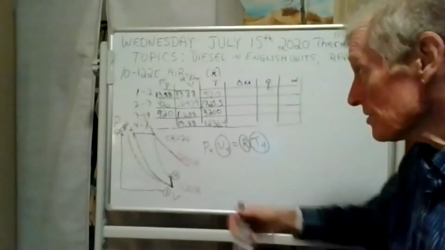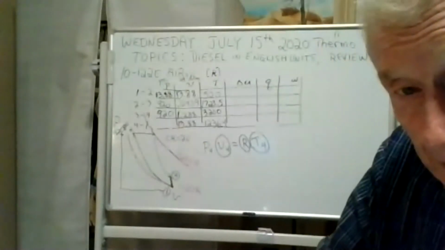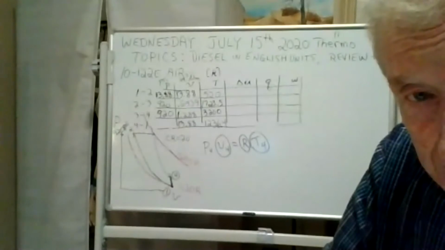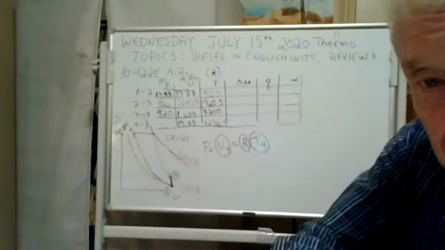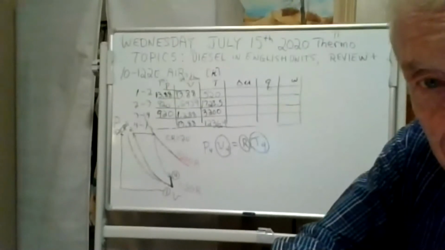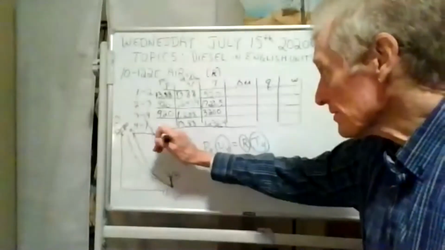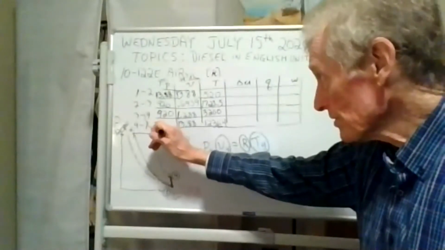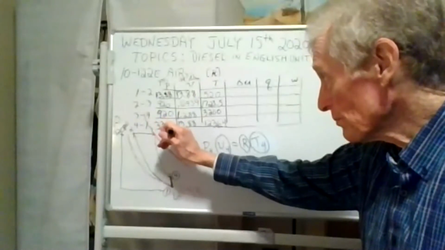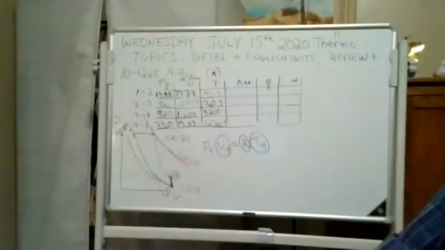Hey, I got an answer. I got an answer for the pressure at state 4. Pick on Cameron. Cameron! I got you? 32.99. That's what I got. I'm just going to round it off, Cameron. I'm going to call it 33.0 PSI.